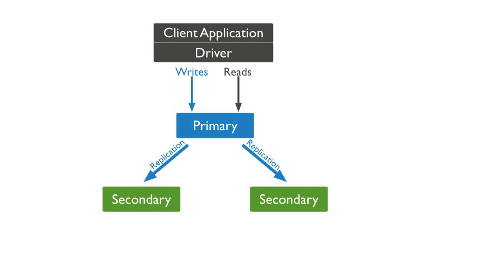If the primary is unavailable, an eligible secondary will hold an election to elect itself the new primary. So from the two secondaries, an election will be done and one secondary will become the primary. Here also you can refer to the replica set secondary members.